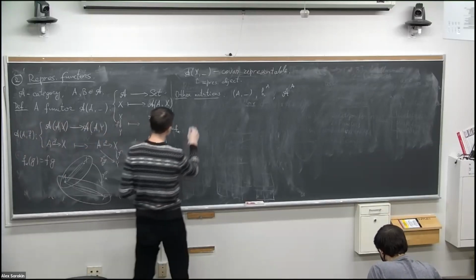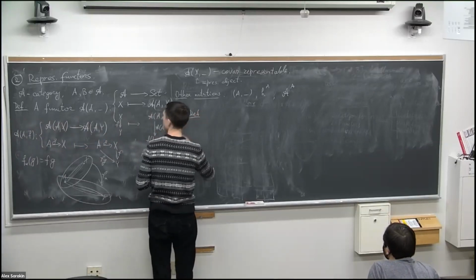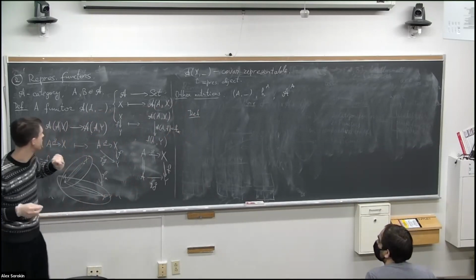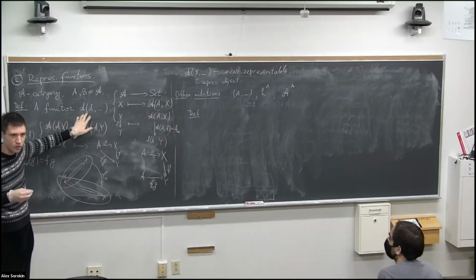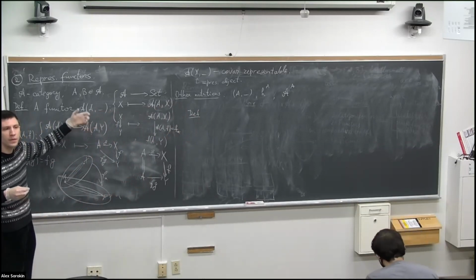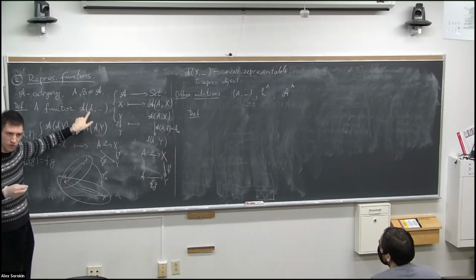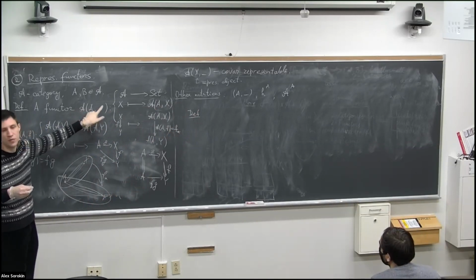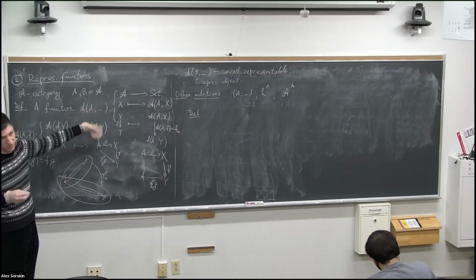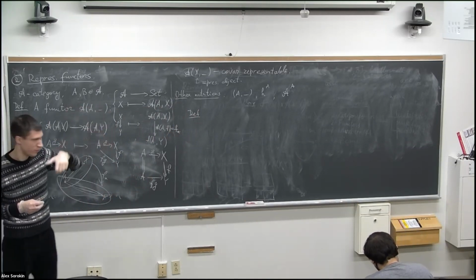Other definition. We have fixed the covariant argument. What will happen if you fix the contravariant argument? Then we will get a contravariant representable functor.